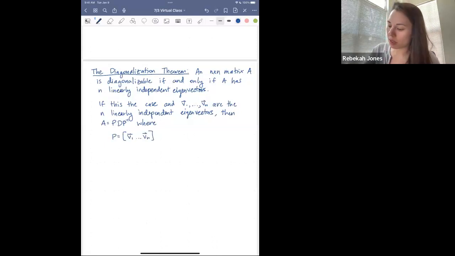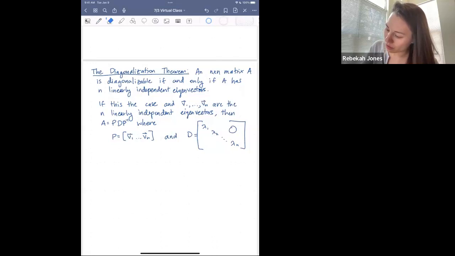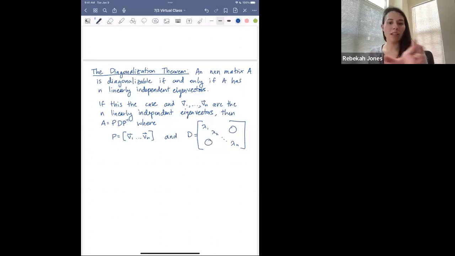So we just put them into a matrix, and then D is the diagonal matrix that has the eigenvalues on the main diagonal, right? So this giant 0 is just indicating that everywhere else is 0, right?